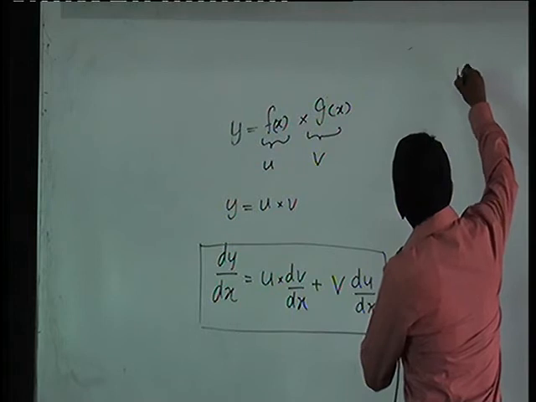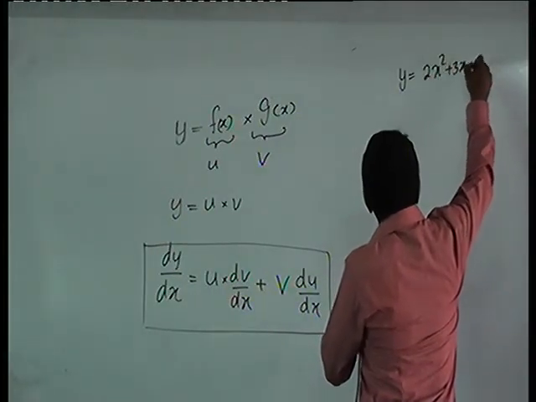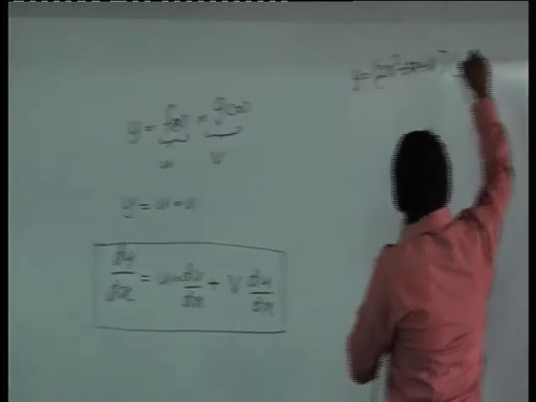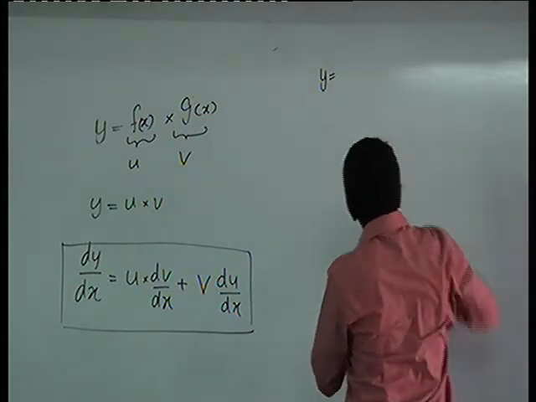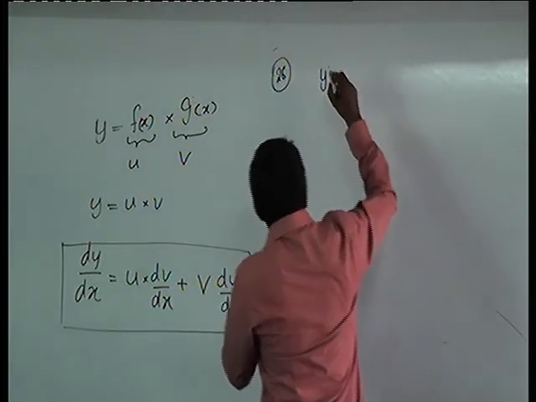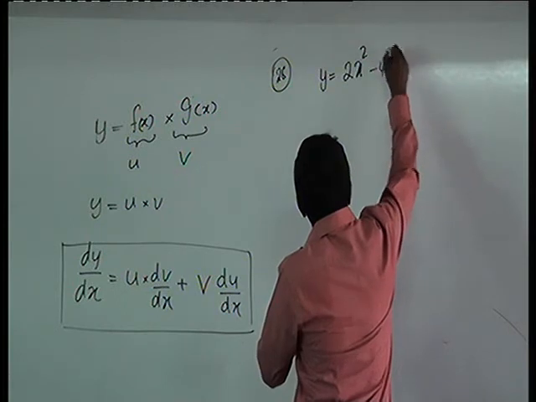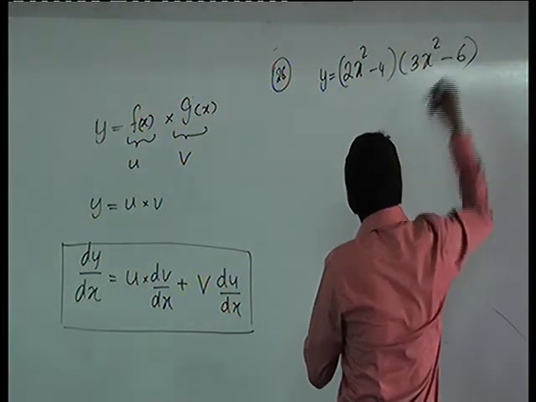Shall I make it a simple question? Question number 28. First one, y is equal to 2x squared minus 4, into 3x squared minus 6.